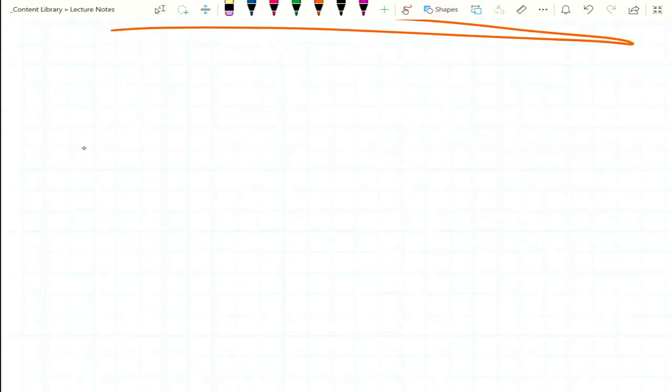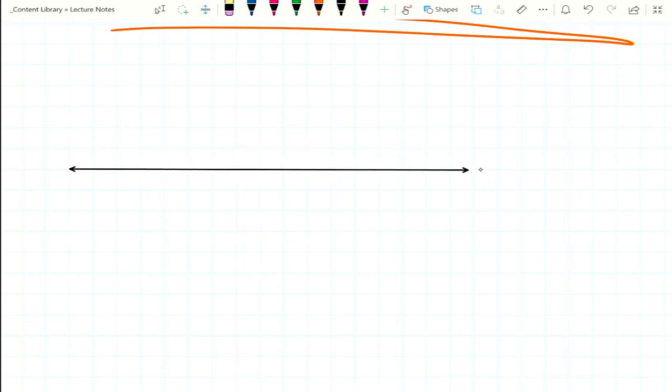Let's say that we have an axis. We're going to do a bunch of drawing here. In the frequency domain, so we'll say that's omega. I'm going to call that point 0.